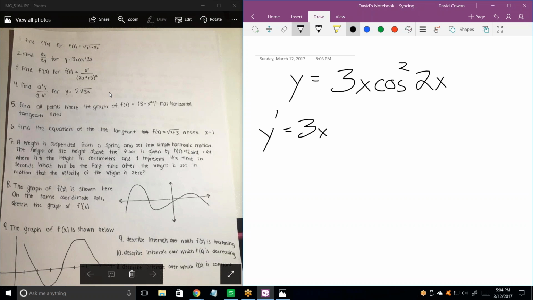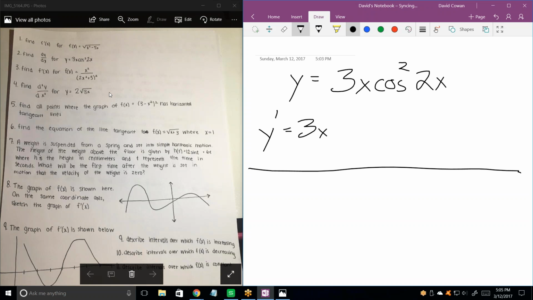Okay, well, let's back up here. Most of the time, figuring out the inside is relatively simple, right? In other words, on number 1, the inside is clearly x squared minus 5x. On number 3, what's the inside?